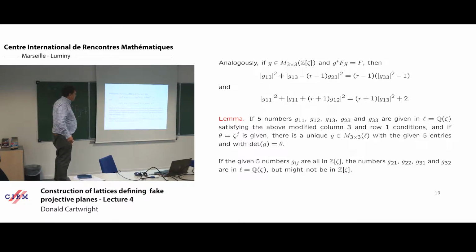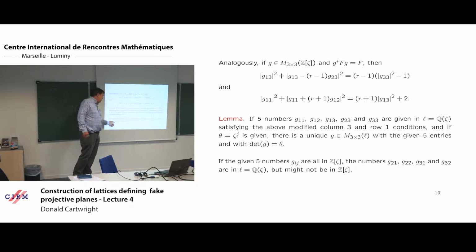Now we're after elements which have algebraic integers as entries, so the entries might actually just be in the field, but it's something easily checked whether they're integral or not.